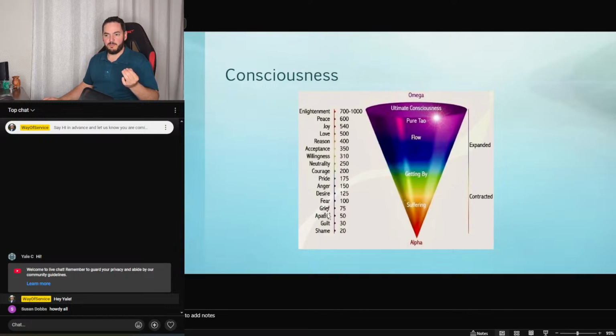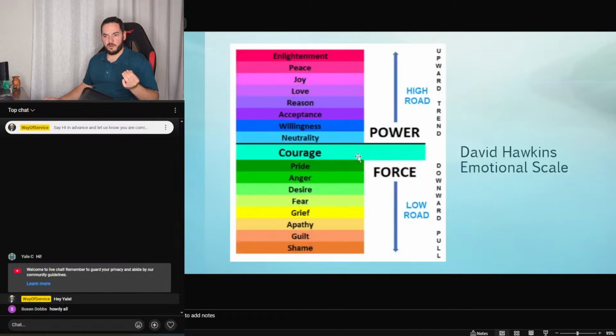Like a basic thing would be going from apathy to willingness, right? Or apathy to courage, which is where the courage is the point. You can see out here, courage is where it transforms into the higher level.